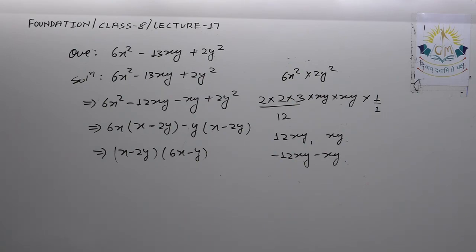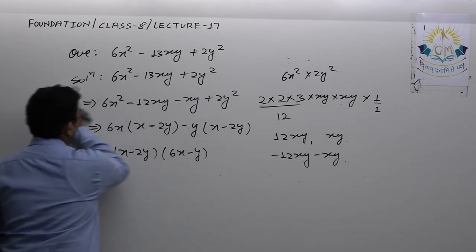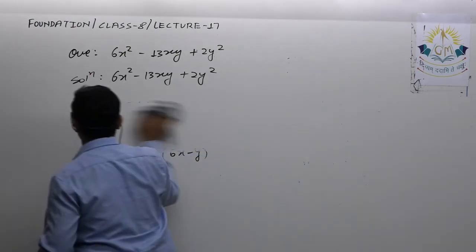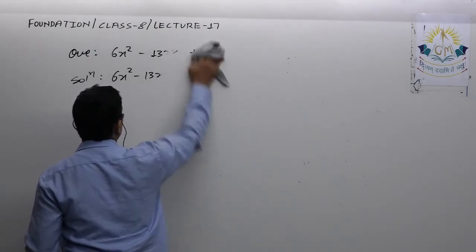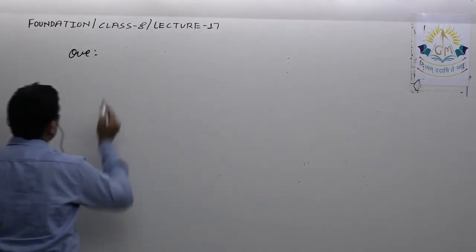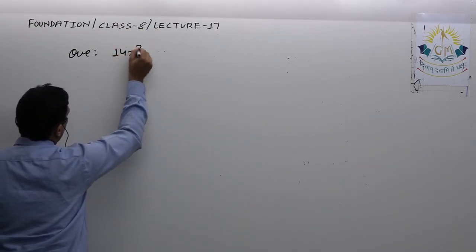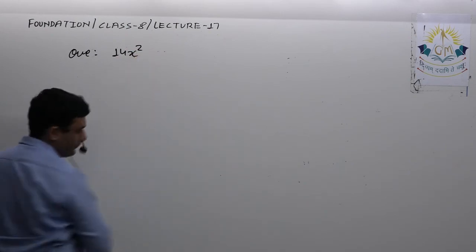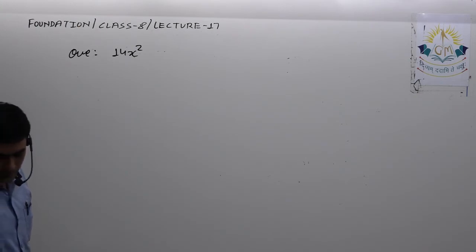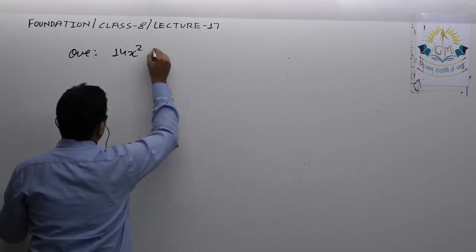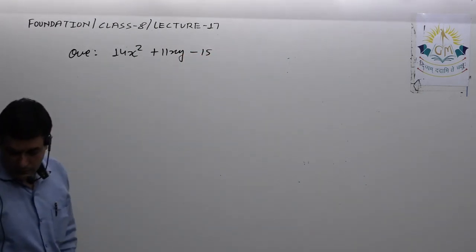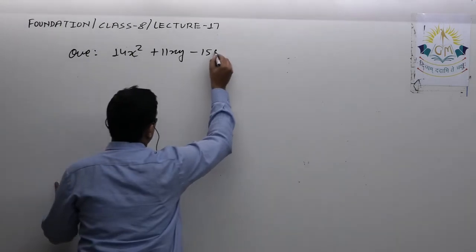Okay, now next question. Next question is 14x square plus 11xy minus 15y square.